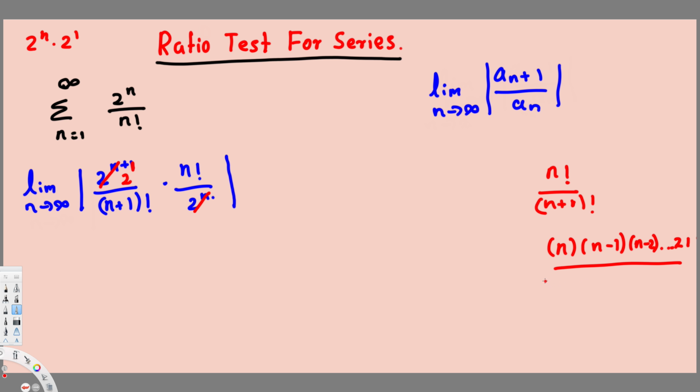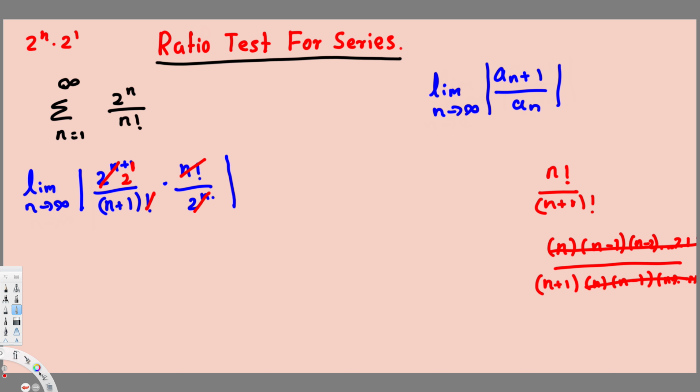And n plus 1 factorial goes like n plus 1, then we reduce one value, so that's n, then n minus 1, then n minus 2, and this also ends up like 2, 1. You can see this part cancels with this one, so the only thing left is n plus 1.